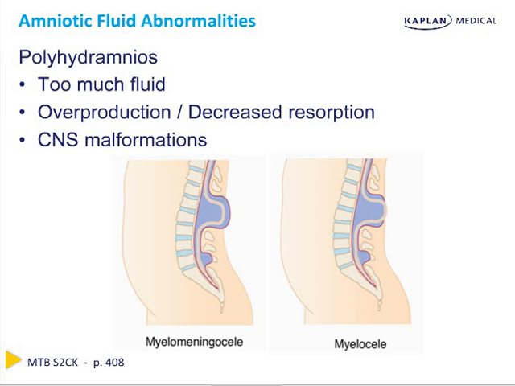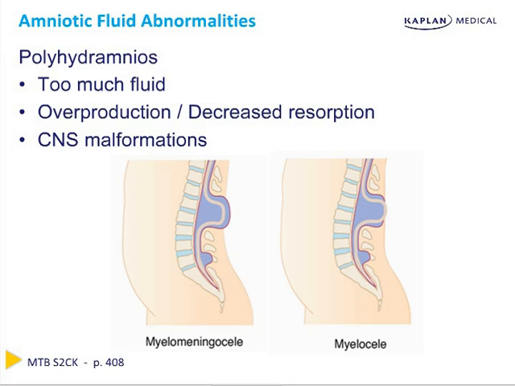So in CNS malformations, what we think happens is that there's either increased production of fluid via overurination, so there's some kind of signaling or lack of signaling that's causing the fetus to continue to urinate, which produces too much amniotic fluid. Because remember, 20% of all amniotic fluid comes from the fetus. Or there's literally fluid exuding through the exposed meninges, as you can see in these pictures of myelomeningocele and myeloceles.